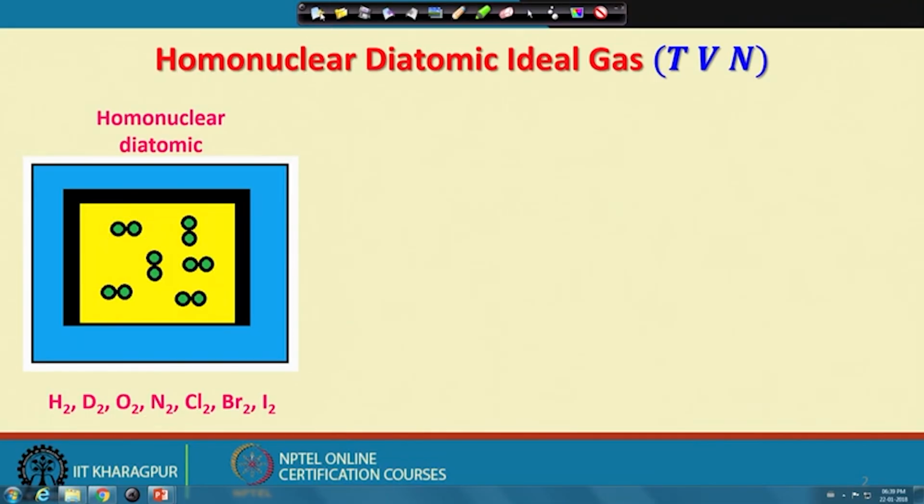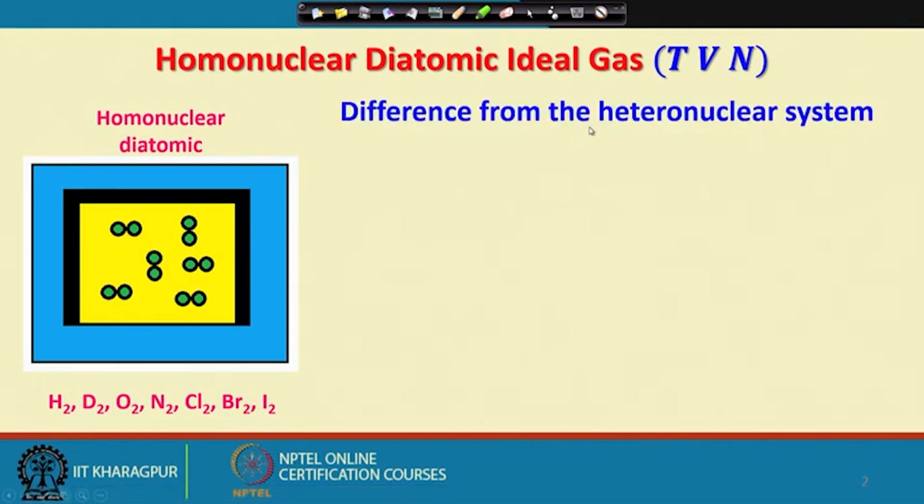Before we go into the discussion of how to work out the statistical thermodynamics of a system like this, it is very important to understand the difference between this case and the heteronuclear system.